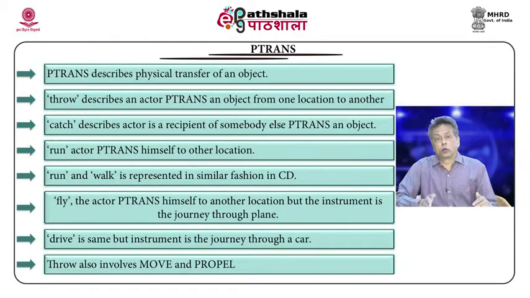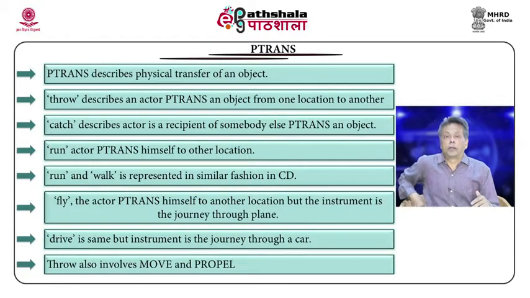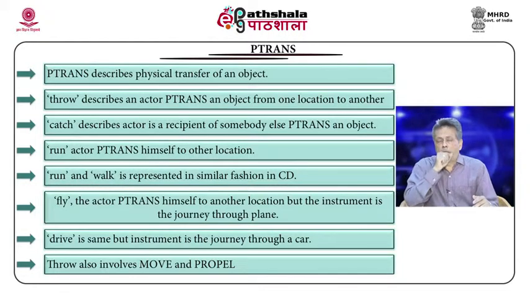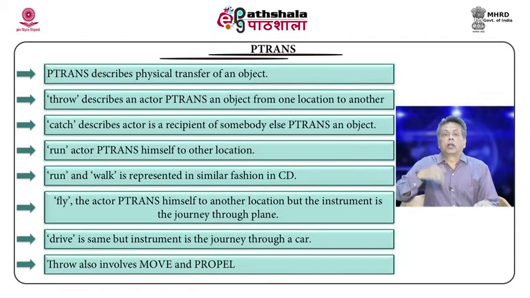In fact, throw also involves something called propel. You apply physical force to something. So, throw is a little more complex. The point is, if there is a verb which indicates physical transformation of any object, you will have to have P trans in that representation.